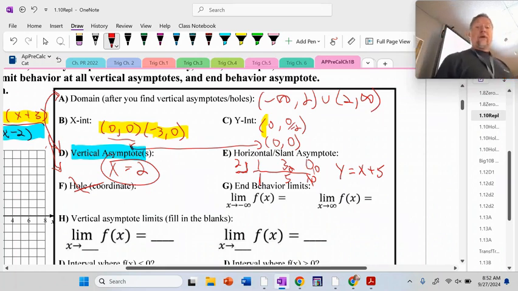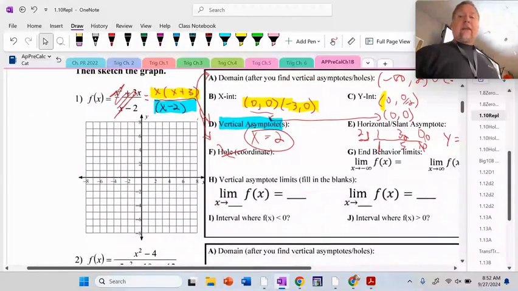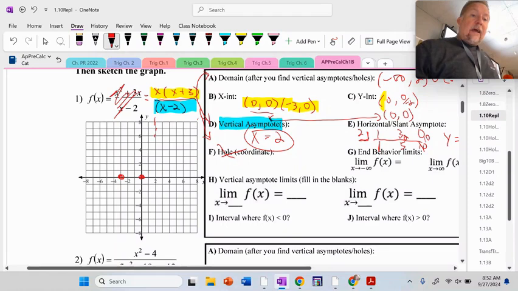Now, this is what you do, everybody. You graph everything. So (0, 0), (-3, 0). x equals 2. Make asymptotes dotted lines because they're not part of the graph. They control the graph. They're not part of it.